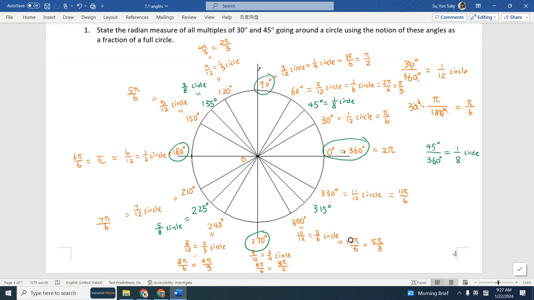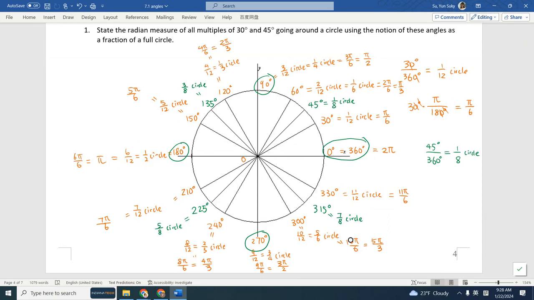Are you able to follow? Am I going too fast? Okay. Next one. 6 over 8, which is 3/4. That matched with our answer, right? And then this one, 7 over 8 of a circle. Then when we get back, it's 1 circle. Right, everybody? So that is the fraction of a full circle.